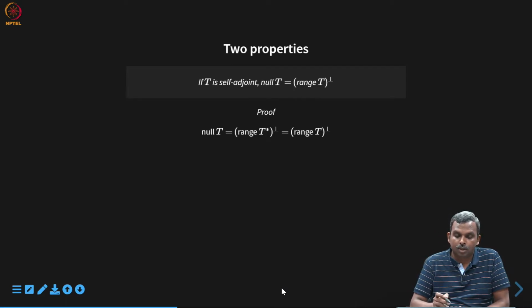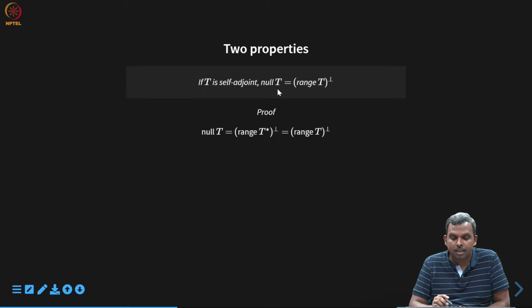Okay, so the first and easy property is null T equals range T perp, if T is self-adjoint. You can see why this is true, right? Null T is always range T star perp, and if it's self-adjoint, T equals T star, so your T becomes like this.